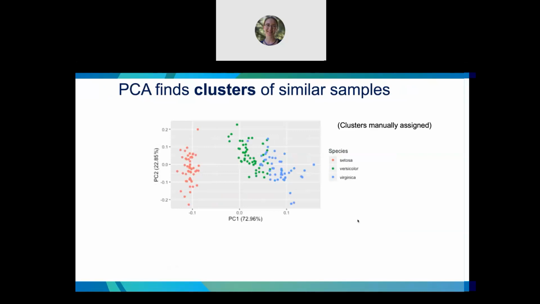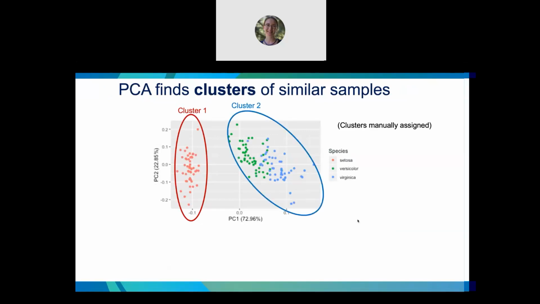So for example, here we could call the Setosa cluster cluster 1, and we could call the combined cluster cluster 2. In this case, I manually assigned these clusters because they're visually pretty obvious, but you don't have to do that, and you generally don't want to do that. There are bioinformatic tools which will derive clusters from PCA plots.